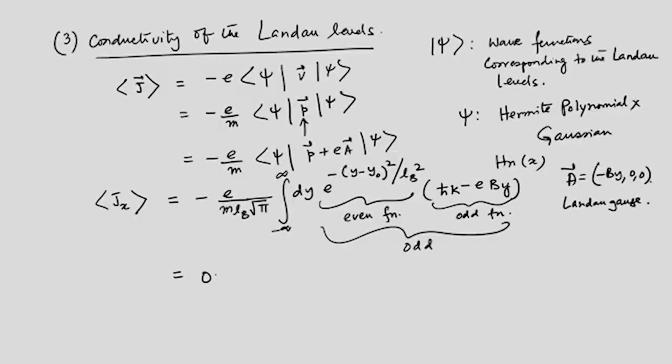Now that makes us wonder: if the conductivity of the Landau levels is 0, then how does the Hall conductivity arise, or the Hall resistivity, the inverse of that? That question will be answered, but in general the Landau levels do not have any conductivity, or they cannot conduct, because of their flatness.